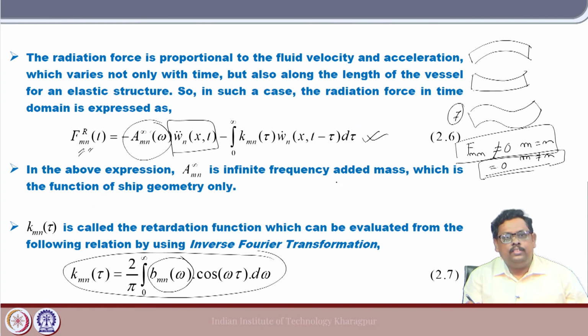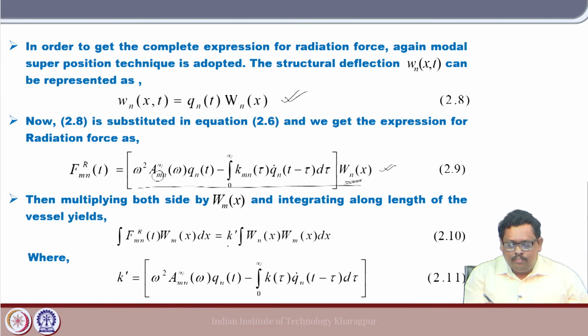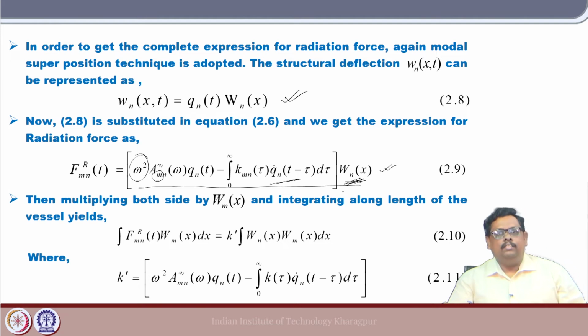Now, I will show you, if you substitute here, it is a double derivative, right. So, this minus omega square will come out, and because this is not depending on t, it will remain as it is, and because it is a vector, q_n dot will be there and then w_n(x) will come out.